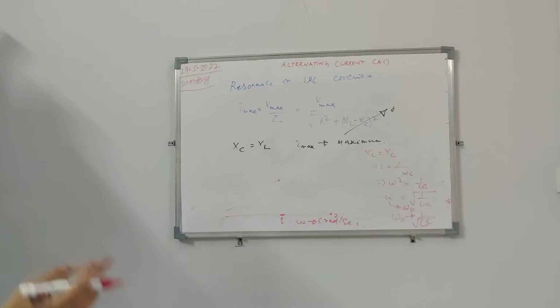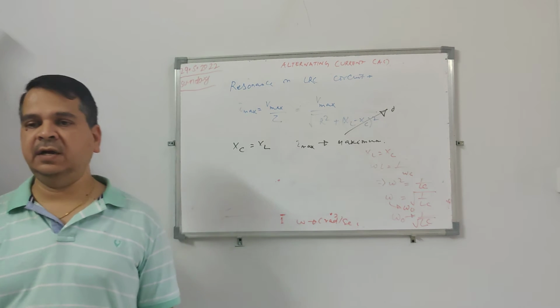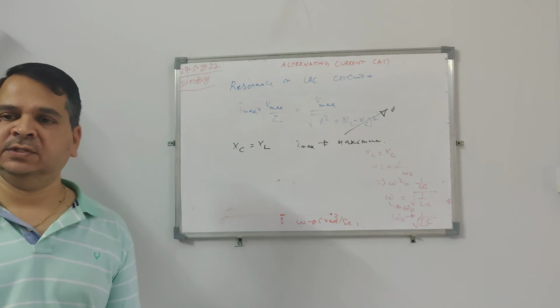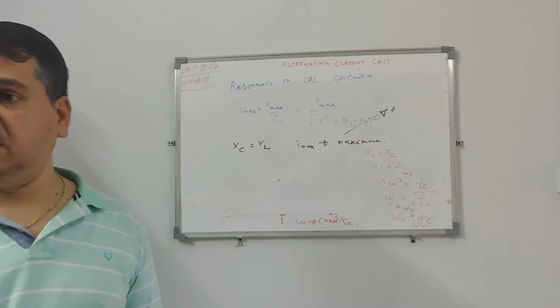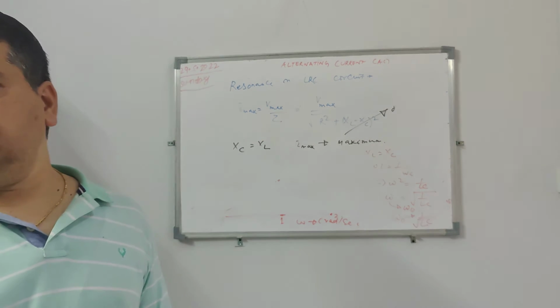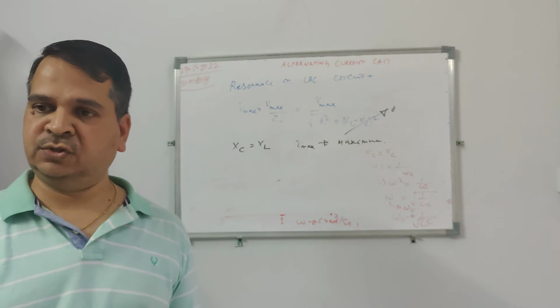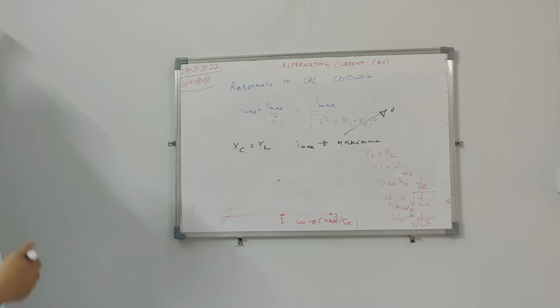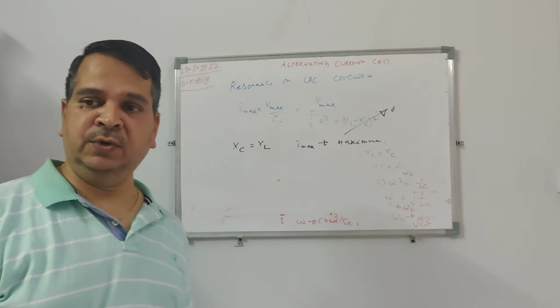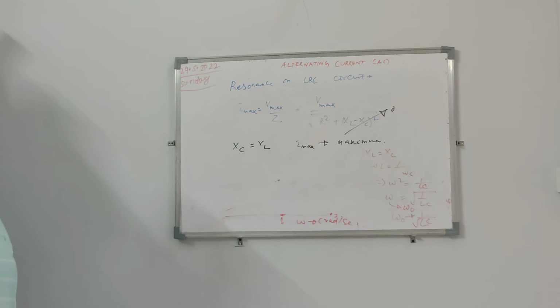Like in vibrations I have taught you, but you might not have remembered. I was teaching you forced vibration. In forced vibration, damped oscillation, your system will have a natural frequency. If the forcing frequency is equal to the natural frequency, your amplitude of vibration will be maximum. Comparing that mechanical system with the electrical system, the amplitude of motion can be compared with the current.